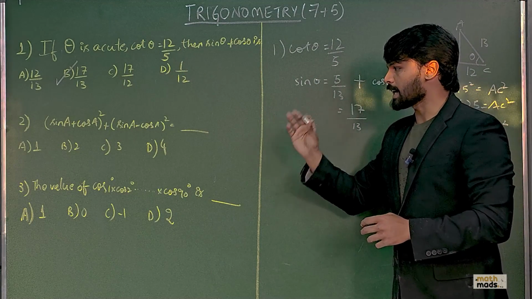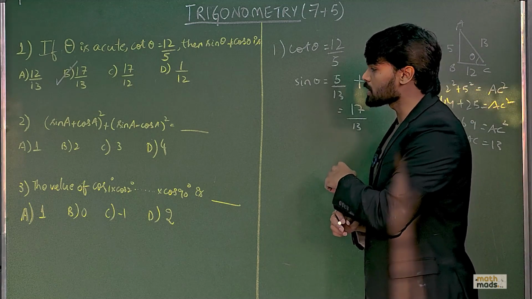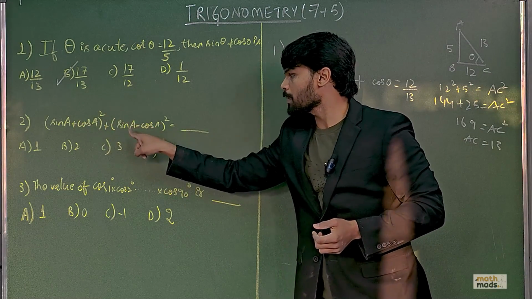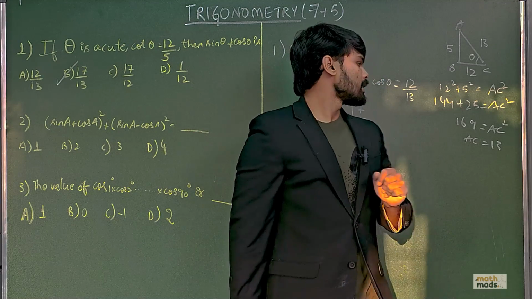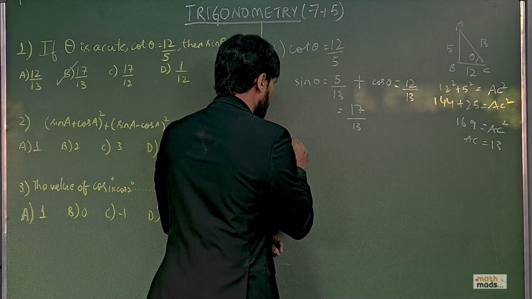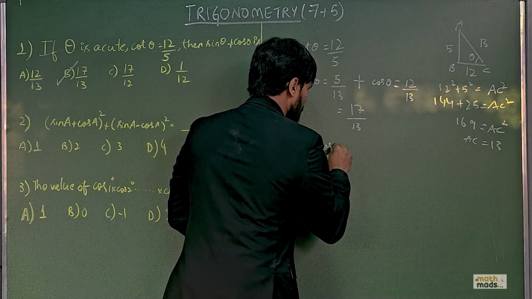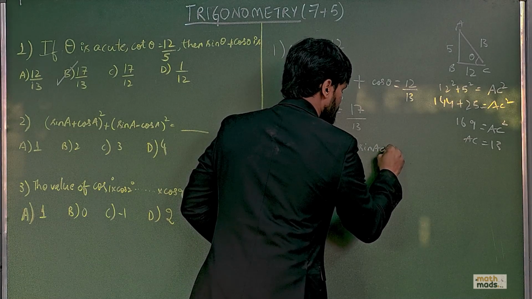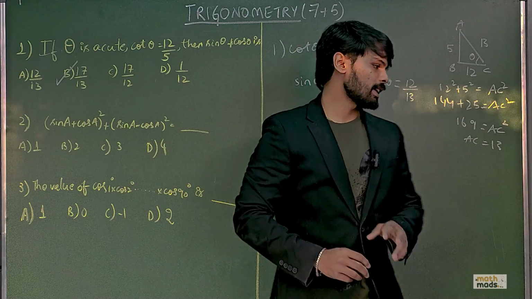Similarly, let us go to the second MCQ. Sin A plus cos A whole square plus sin A minus cos A whole square is equal to. So this is nothing but A plus B whole square plus A minus B whole square. Let us expand them. Sin A plus cos A whole square, if you expand it, you will be getting sin square A plus cos square A plus 2 sin A cos A. Next, you have addition here, so you will write plus again.